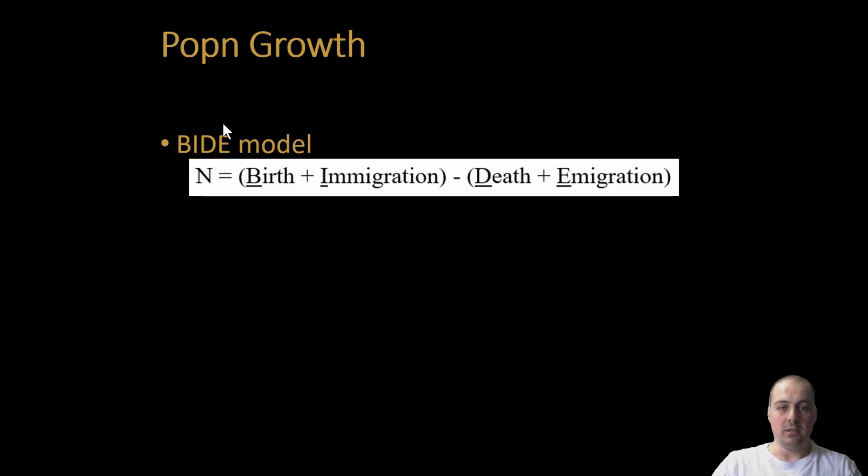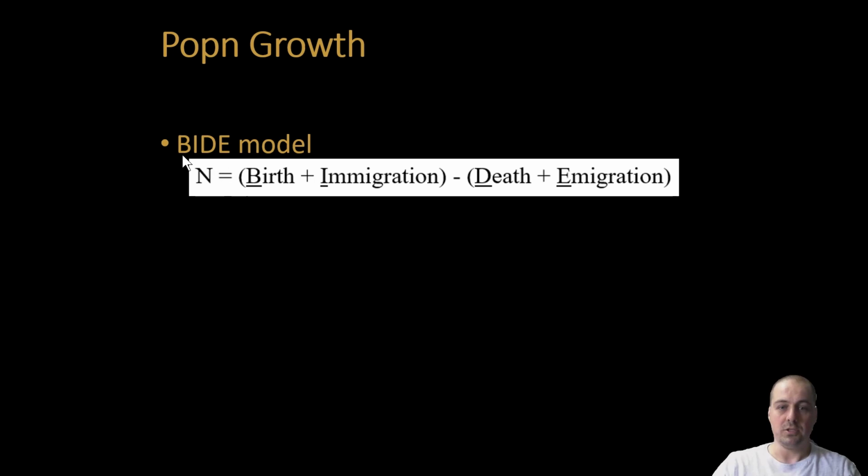As a result of four continuously changing factors, the size of populations will continuously change. This is referred to as the BIDE model. BIDE is an acronym composed of the first letter of each of these words: birth, immigration, death, and emigration.